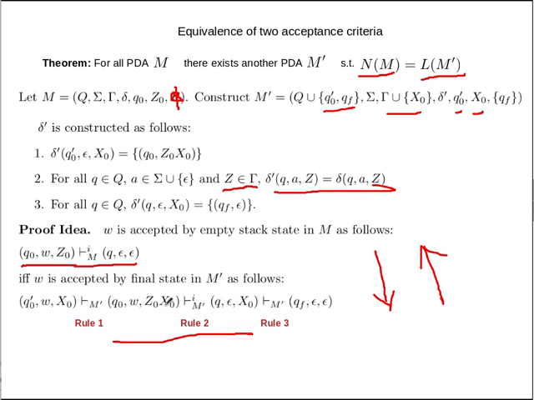The first thing is that you push this at the very bottommost position. So x0 is uncovered in M prime only if you can have this ID in M. So this direction is also kind of clear.